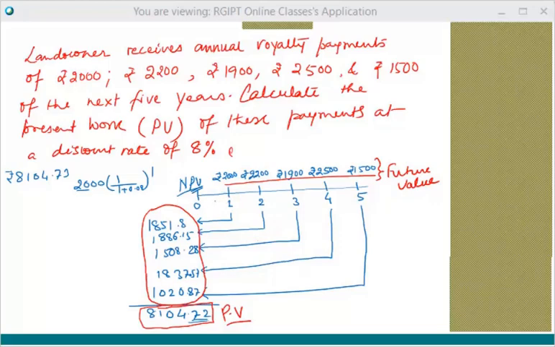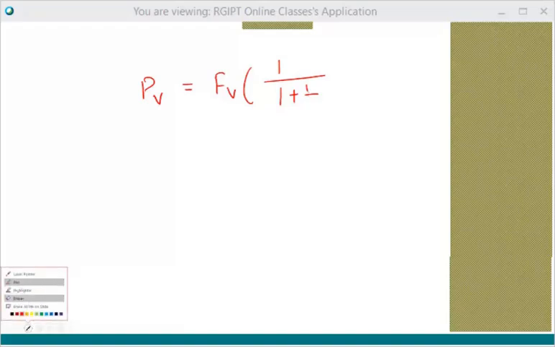Now let me give you this equation, which you know: present value is basically some future value multiplied by 1 over (1 plus i_e) to the power of some term t.